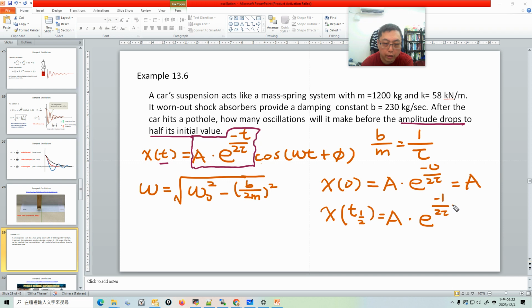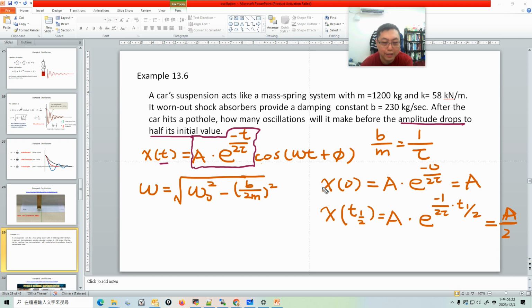And at T1/2, the amplitude has dropped to half of its initial value. The initial value is A, right? So half of it is just A/2.